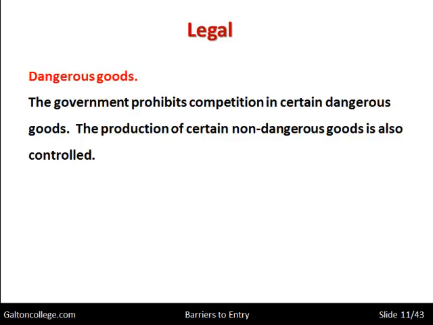It's morally wrong. It's wrong on so many fronts. But it means that some companies have a legal right to produce the item. For example, the mint has a legal right to produce money. Certain companies have legal rights to produce explosives or produce military equipment. So there is a legal barrier, a barrier to entry.